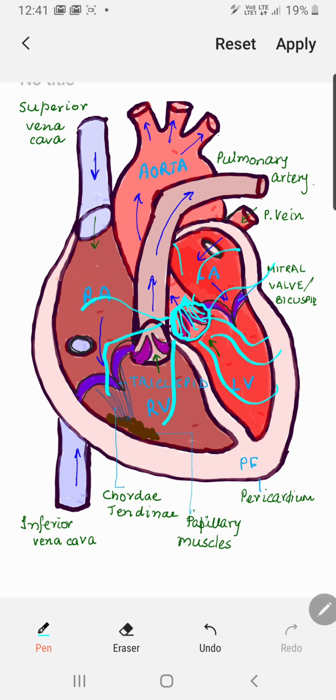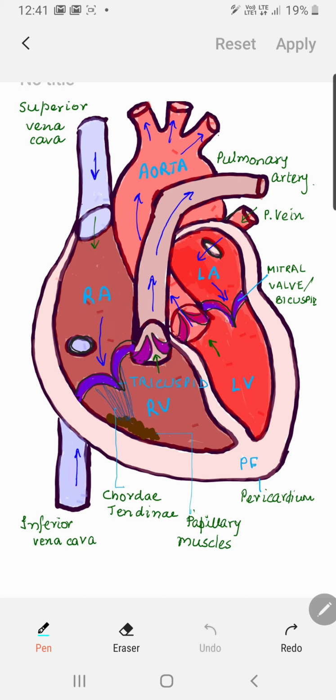Obviously, I cannot draw it that way. What are these? These are the coronary arteries. Coronary arteries emerge out at the base of the aorta, right? And they supply oxygenated blood to the heart itself.